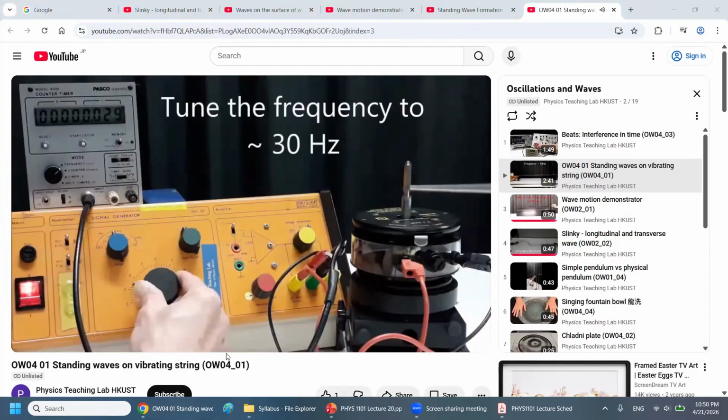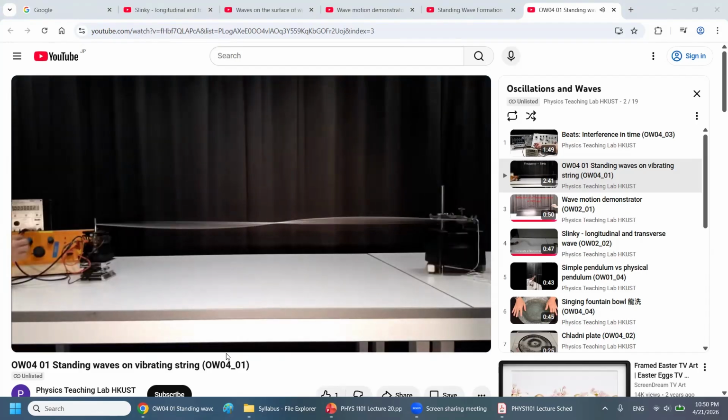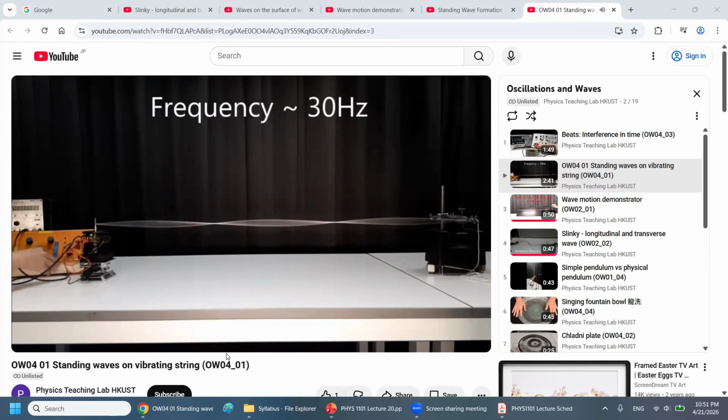Now we tune to the third harmonic. That is the third harmonic, right?